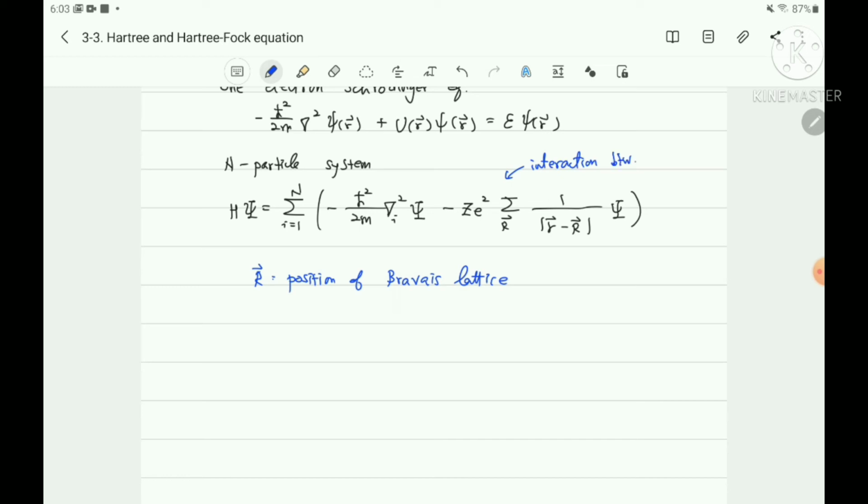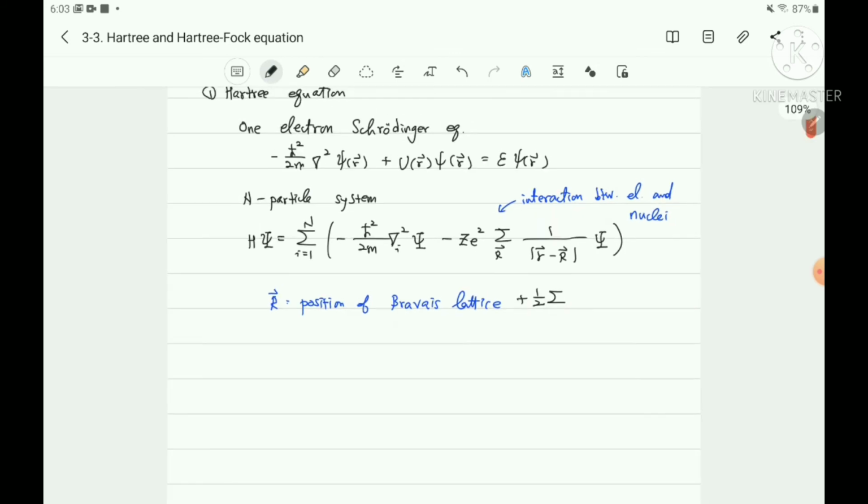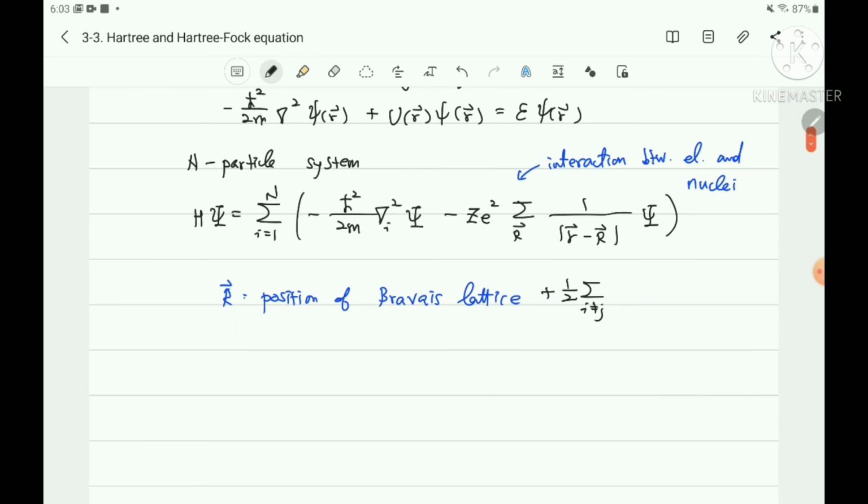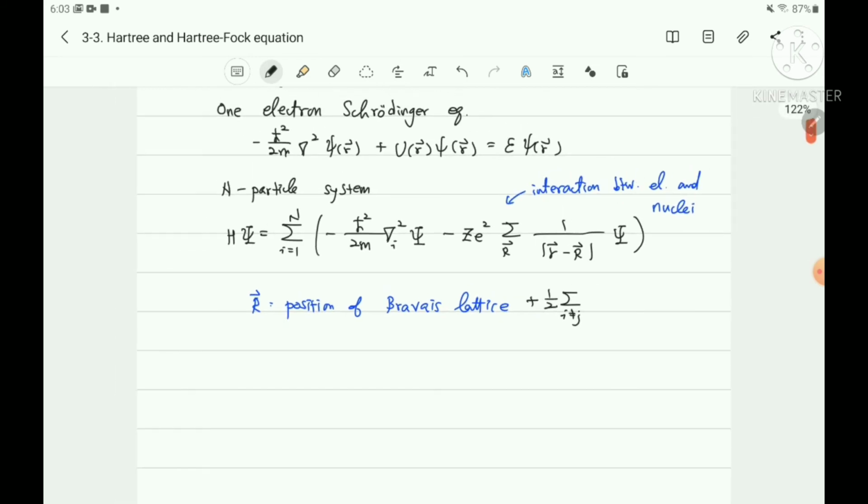Interaction between electron and nuclei, and also plus one half, summation over i not equal to j, in other words the ij summation, and here the electron interaction, e squared over Ri minus Rj, psi equals E psi.